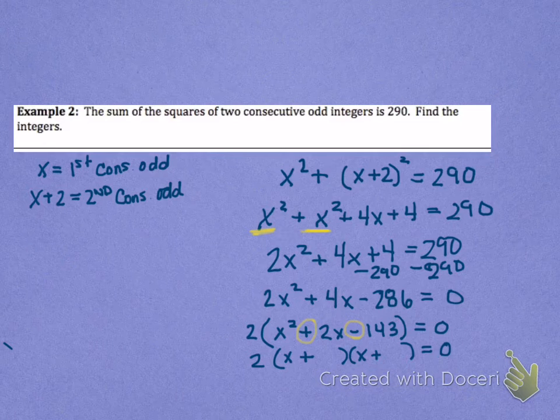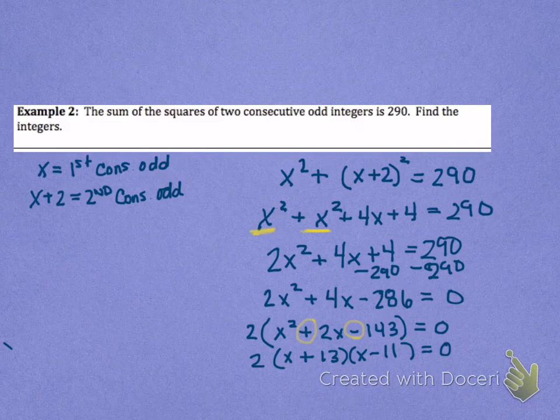So of course, because this 2 is positive, we want the higher factor to be positive. And as I break that down, that's going to give me 13 and 11. Oh, I said that those needed to be alternating, but then I did not write them as alternating. There we go. And so that's got to be negative 11.